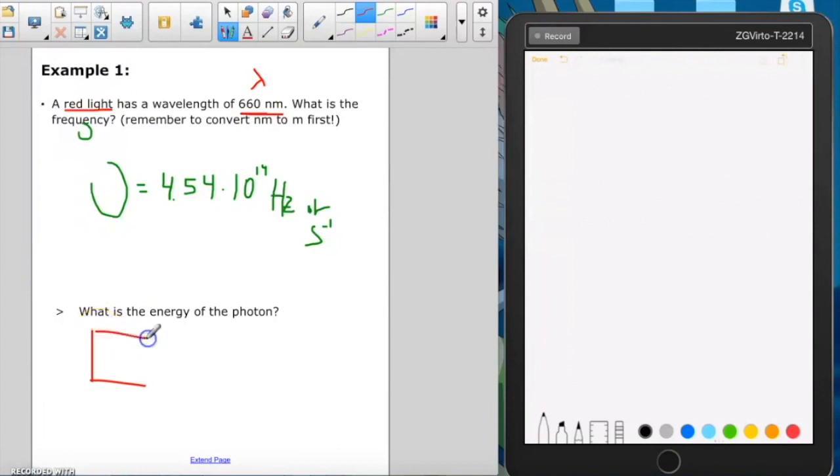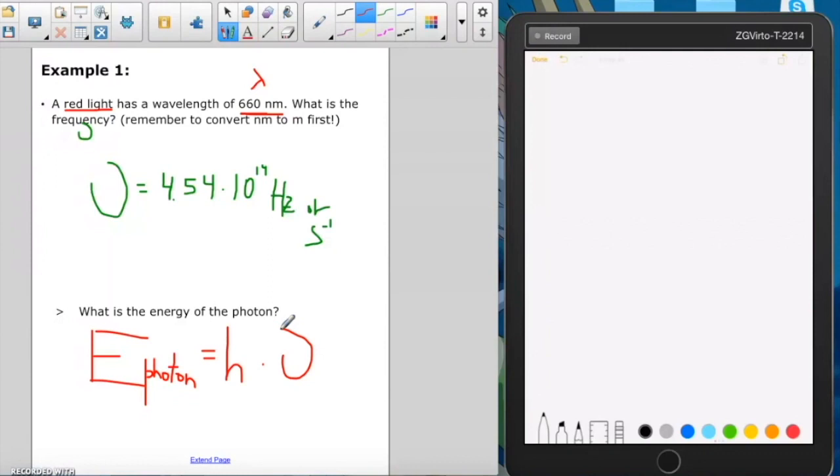The energy of a photon is going to be equal to Planck's constant, which is a constant number, times the frequency of that light, okay?